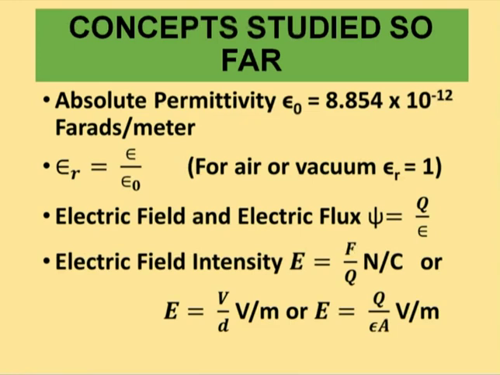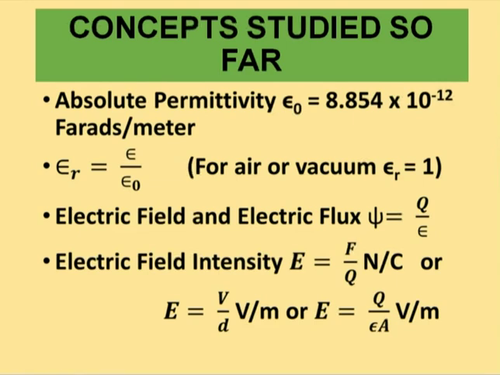It is a constant which you must bear in mind at all times. The relative permittivity is a dimensionless quantity, as it is a ratio of two similar quantities. Relative permittivity is the ratio of permittivity upon absolute permittivity. For air or vacuum, the value of relative permittivity will be equal to 1.